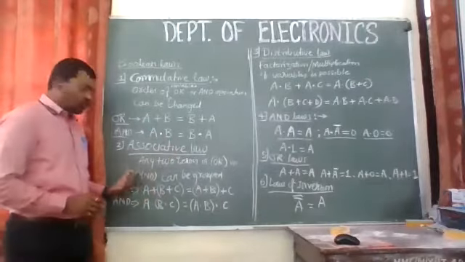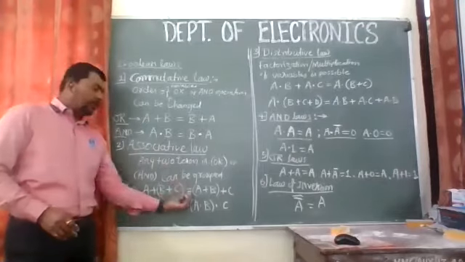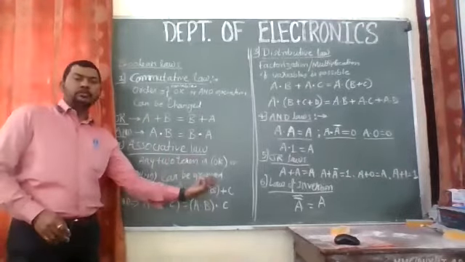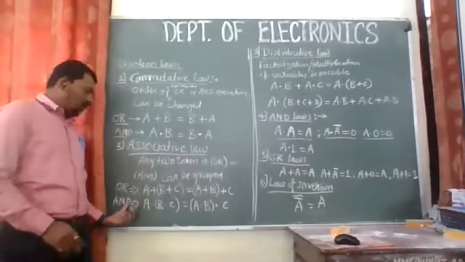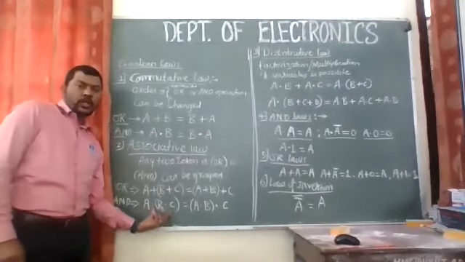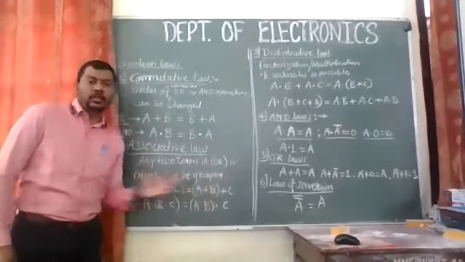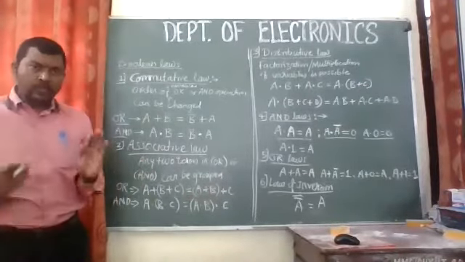So we are grouping two terms. Likewise, A plus B plus C, here B plus C is grouped, can be written as A plus B, plus C, right? Similarly, in the AND operation, A dot B dot C with B dot C grouped can be written as A dot B grouped dot C, right?